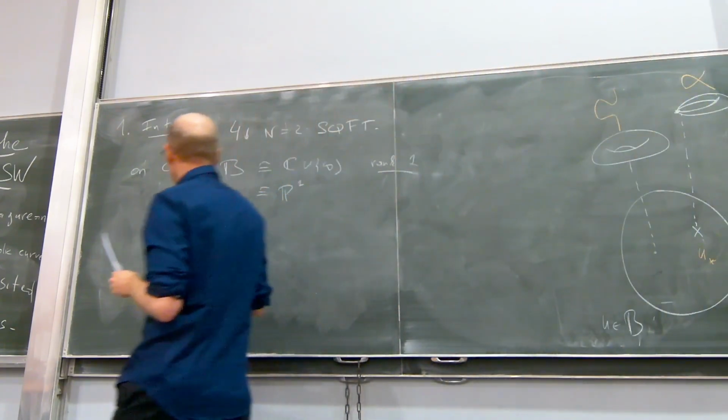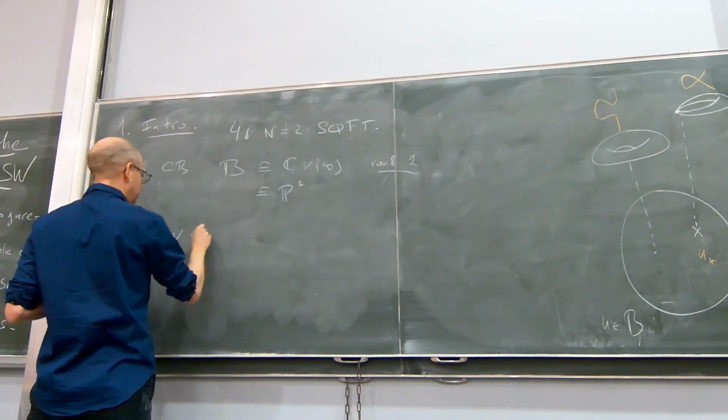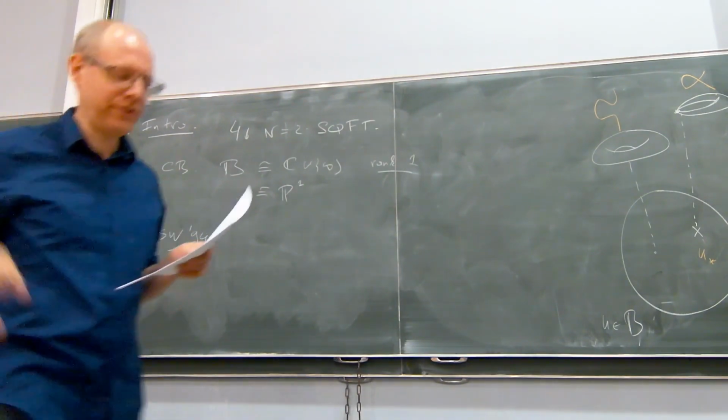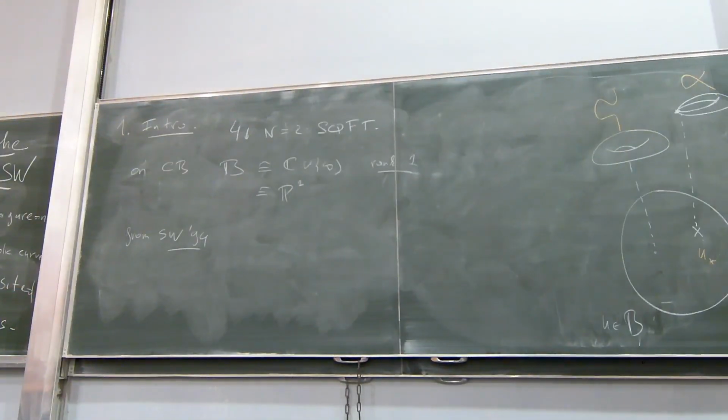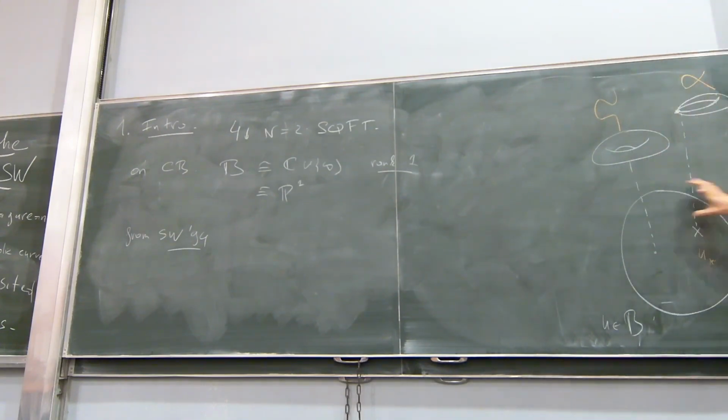Then from Seiberg-Witten, two papers from '94, relatively well known, they tell us that the low energy physics is given by this picture, meaning you have a Coulomb branch.